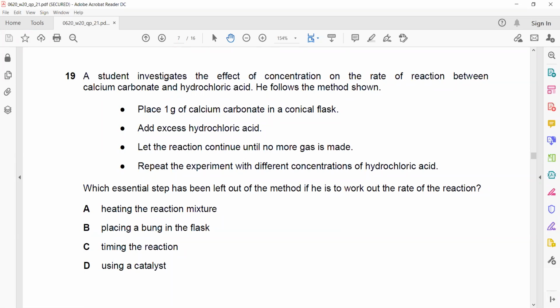C. To measure the rate of the reaction, you should know the timing, because you cannot determine rate without time. It should be with respect to time.